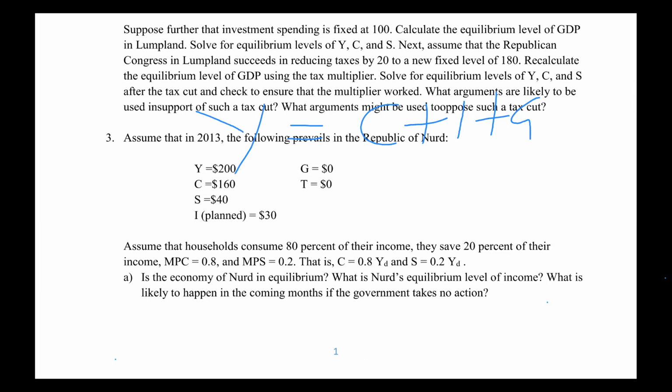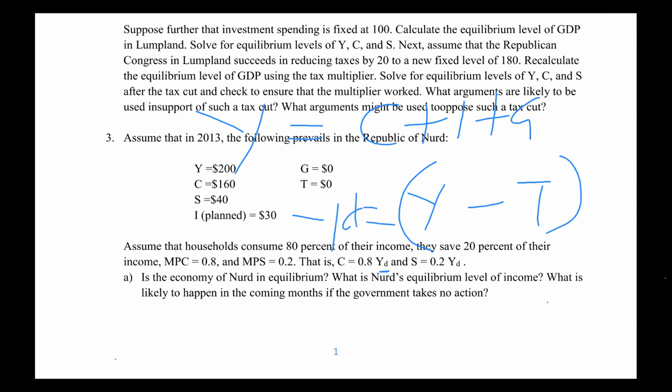So we need to check that. Let's check if the economy is really in equilibrium. What is there is YD. YD is given as Y minus taxes.